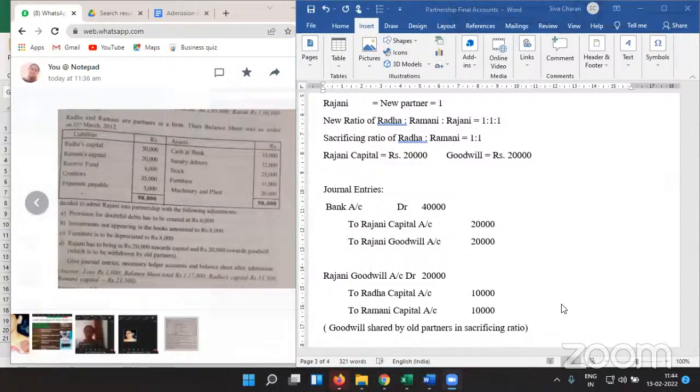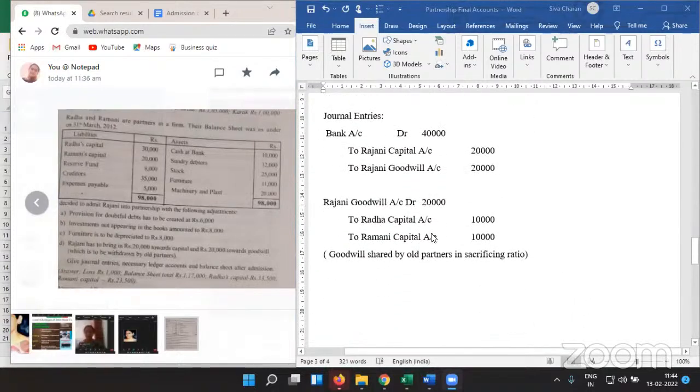Now, in the last sentence within the brackets, what did it say? Which is to be withdrawn by old partners. So they are withdrawing. What will we write again?